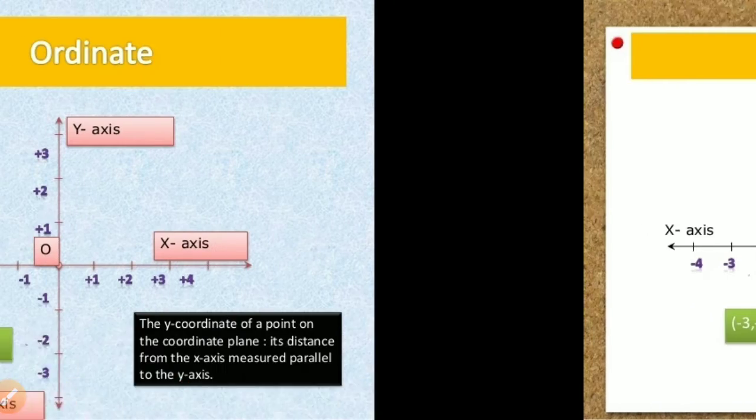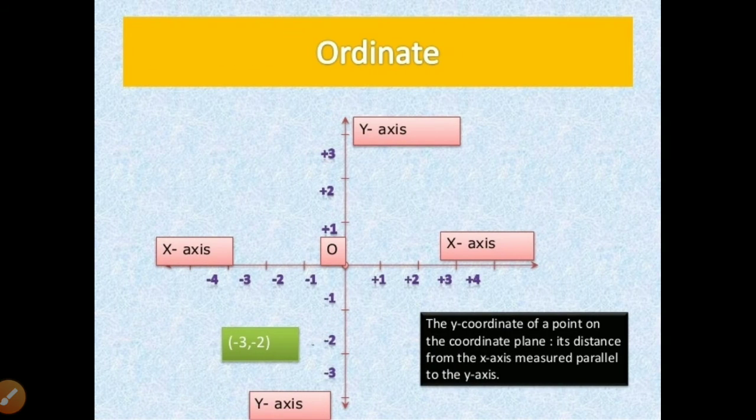Next is the ordinate. The ordinate is the y coordinate of a point on the coordinate plane, its distance from the x-axis measured parallel to the y-axis. So the coordinate of y is called the ordinate, and the coordinate of x is known as the abscissa. Clear?